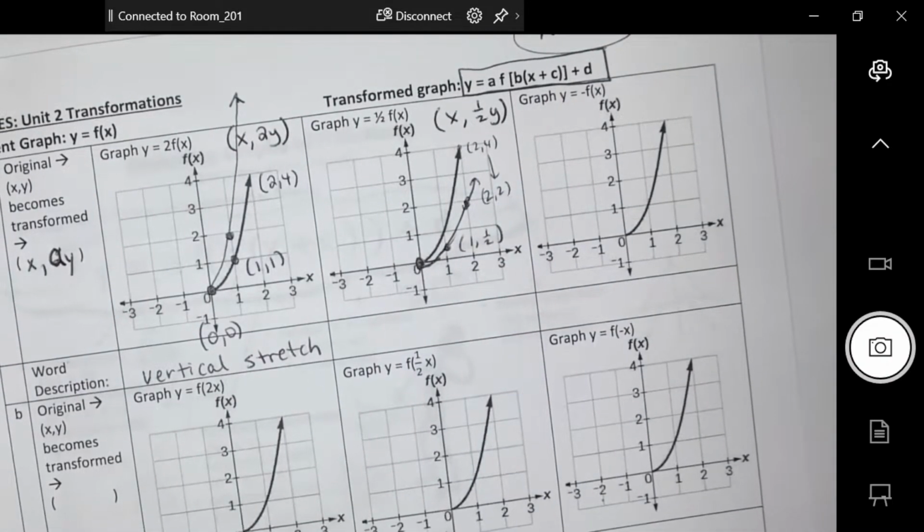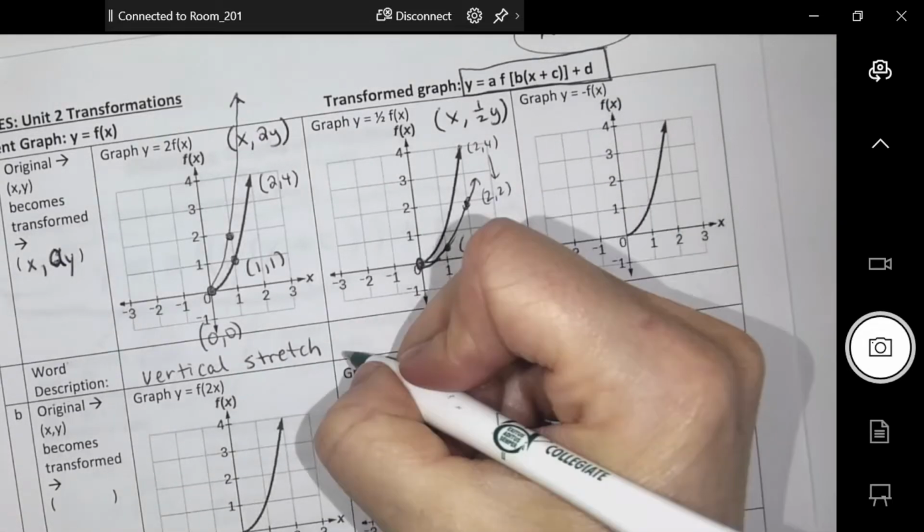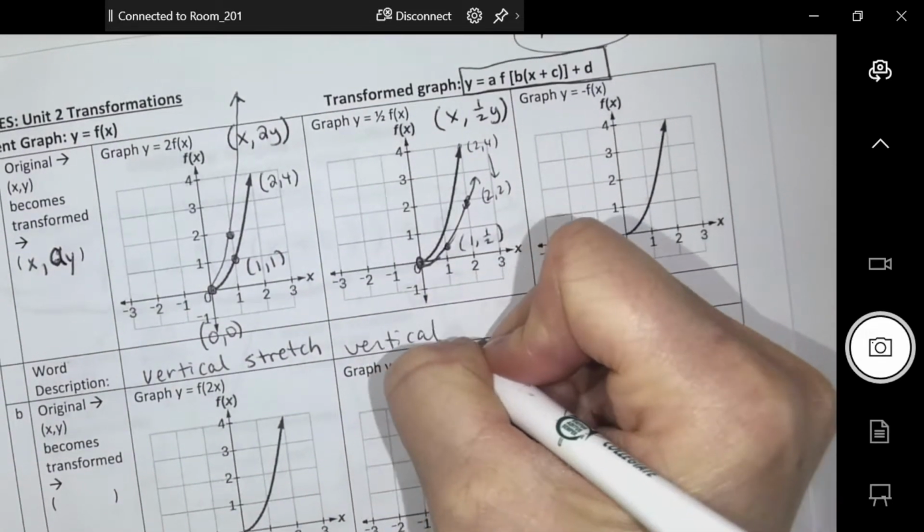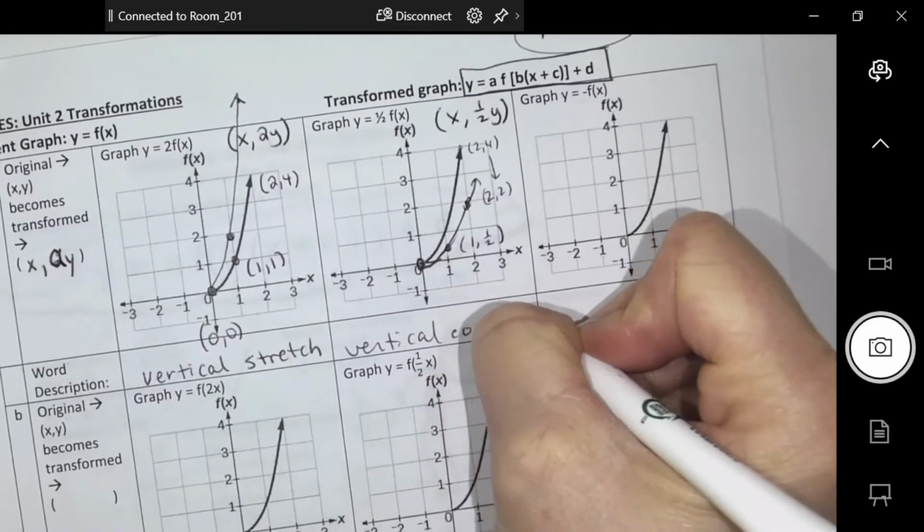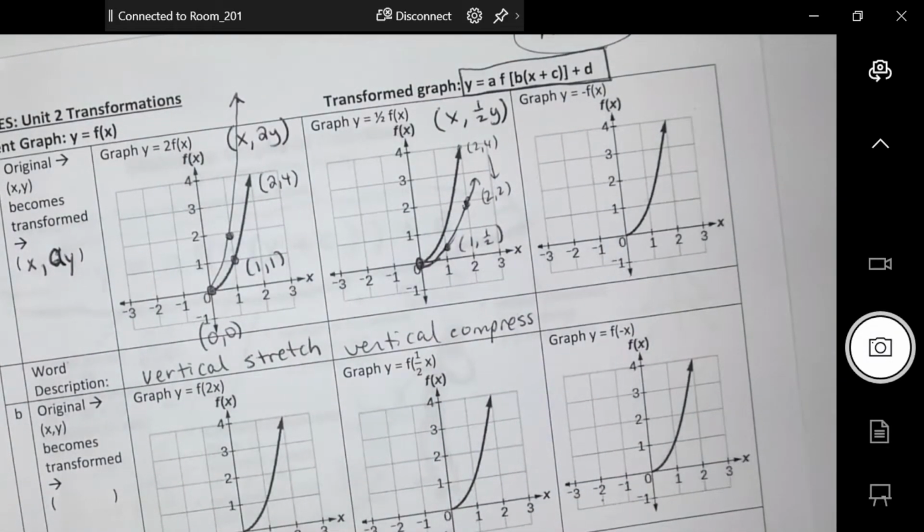So what did I do physically? I took it and I pushed it like this, like stomping on a can. I vertically compressed it by 2.